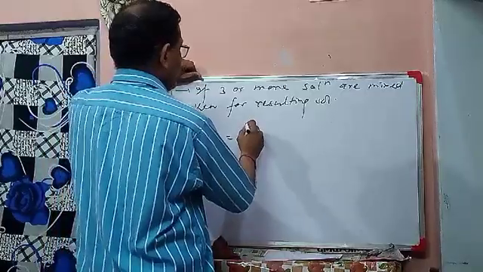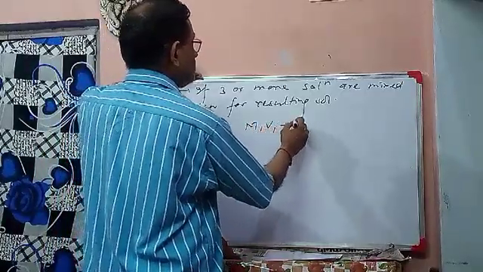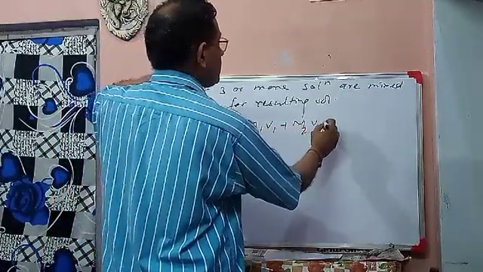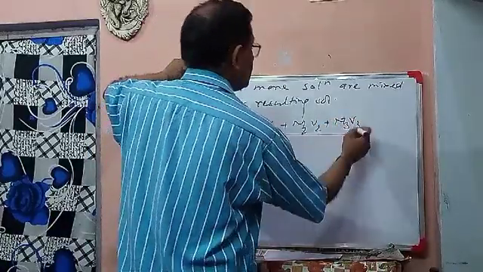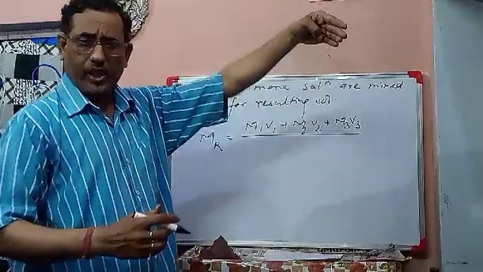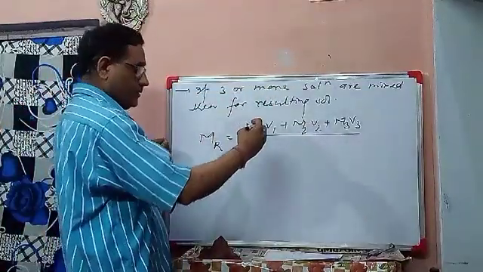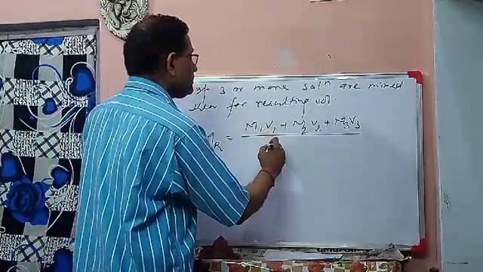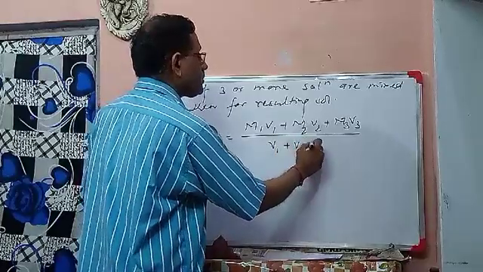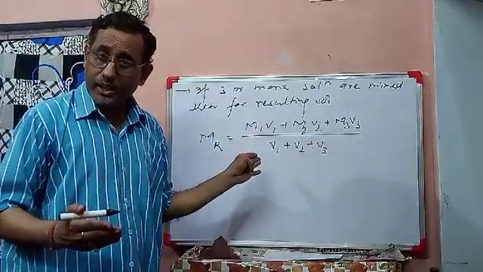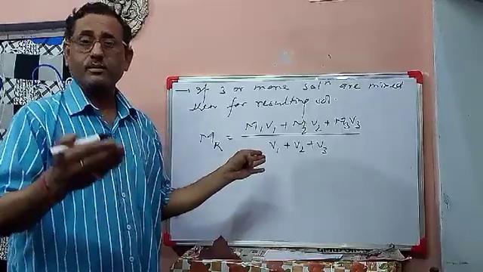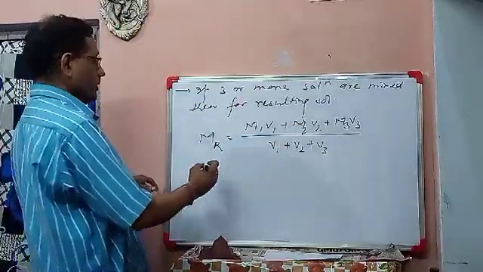It will be equal to M1V1 plus M2V2 plus M3V3 and so on. More than 3, it keeps continuing, and there will be V1 plus V2 plus V3 in the denominator. Clear? It is given for 3. If more than 3, then it continues.